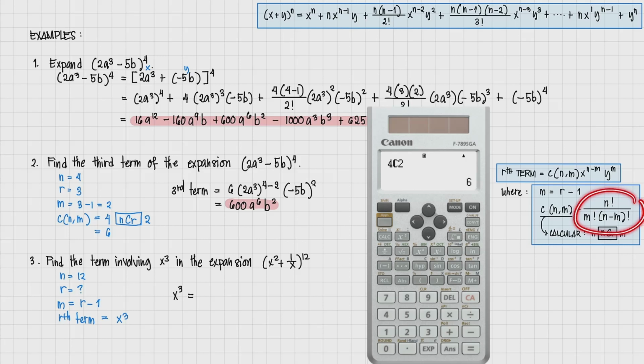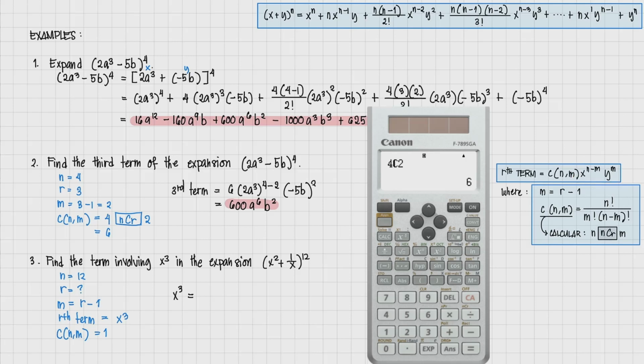Pero kasi it says here, ito kasi yung coefficient. This is for the coefficient of your term. But since yung term na hinahanap natin doesn't actually have a coefficient, in our case, yung ating c and m would be equal to 0. Kasi the r-th term, the one we're looking for, is equal to x raised to 3. So, ang coefficient niya is actually 1. So, we don't need to solve for this one because it's equals to 1 na.